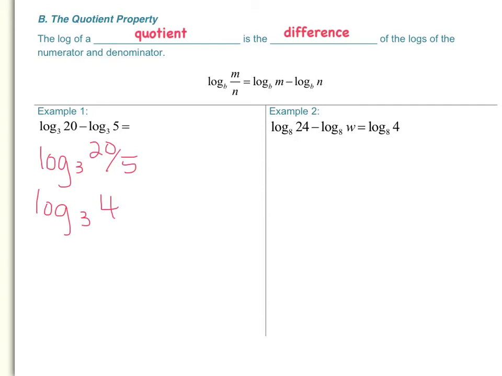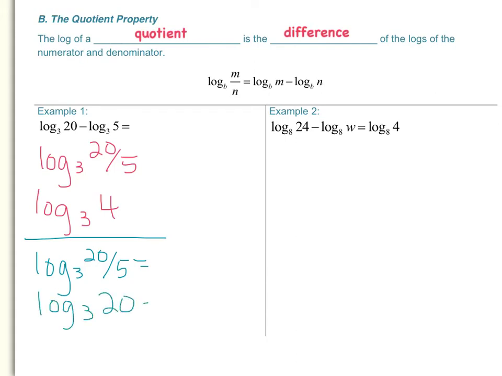Now, if we started out though with log base 3 of 20 divided by 5, we could rewrite that as log base 3 of 20 minus log base 3 of 5.